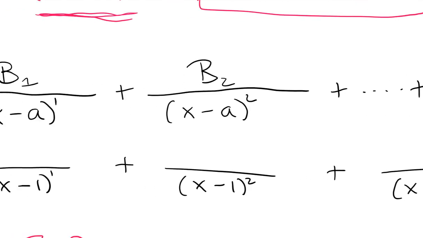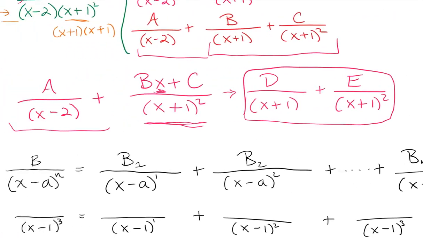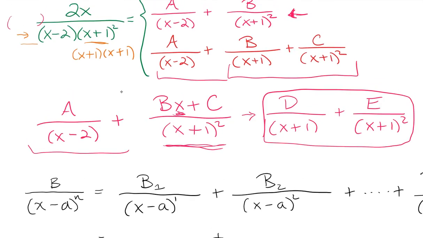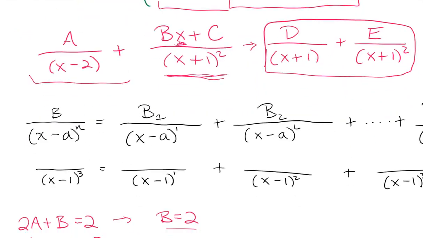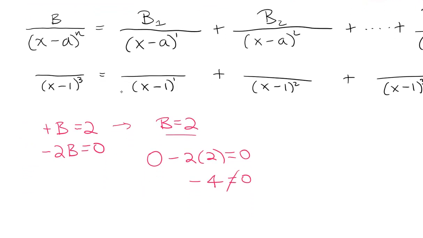And that's the form that we follow. In the above example, we followed that only up to the second power because that is the power that was in our original function. So now, lastly, let's solve the integral.